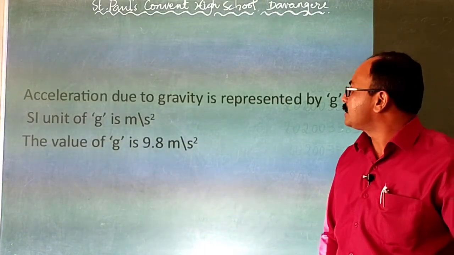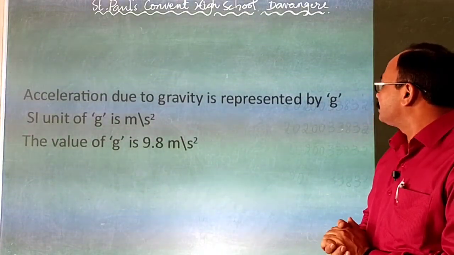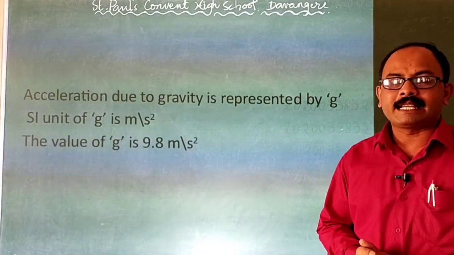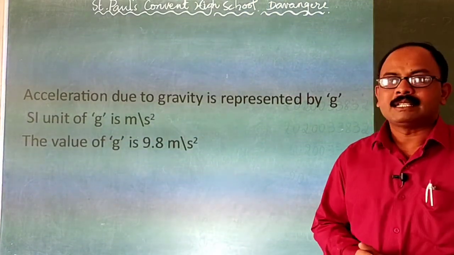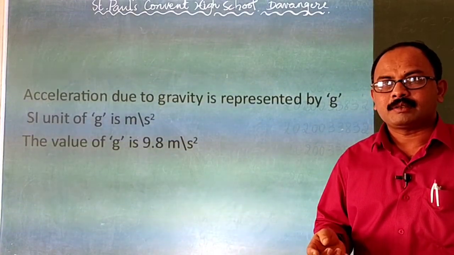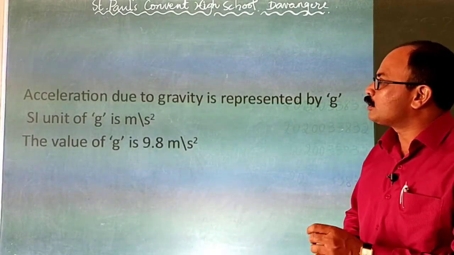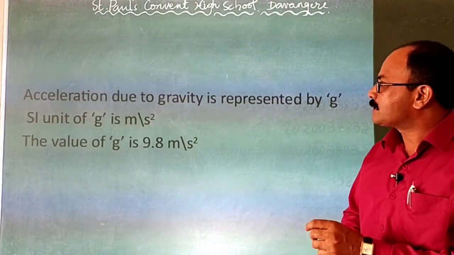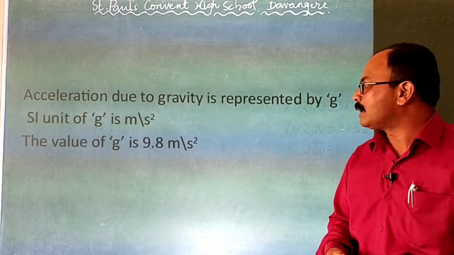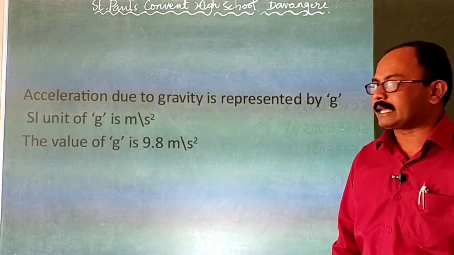Acceleration due to gravity is represented by small g. SI unit of acceleration due to gravity is meter per second square. SI unit of acceleration is meter per second square. Same way, we follow this also, meter per second square. The value of g is found to be 9.8 meter per second square.